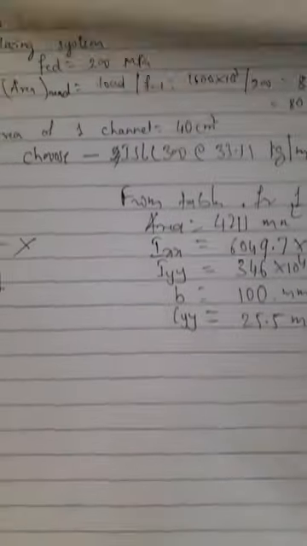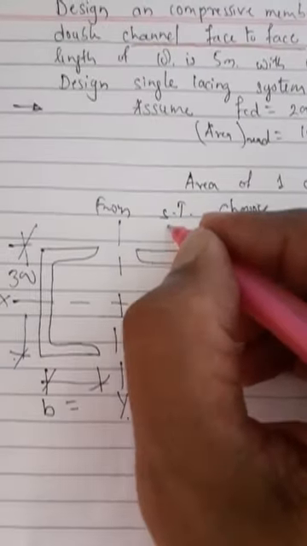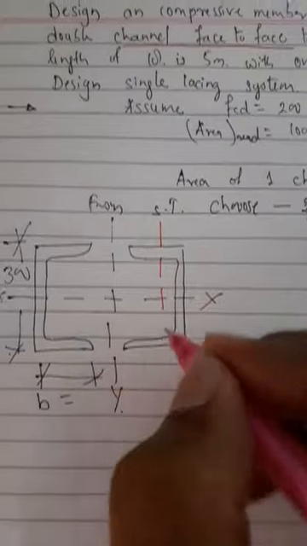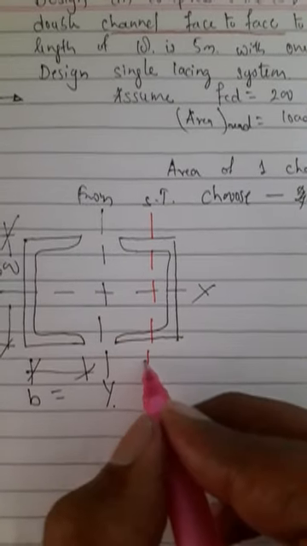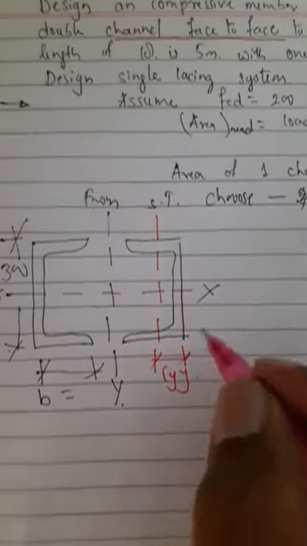Now here mark the distances and YY values. Let its CG distance be CYY.